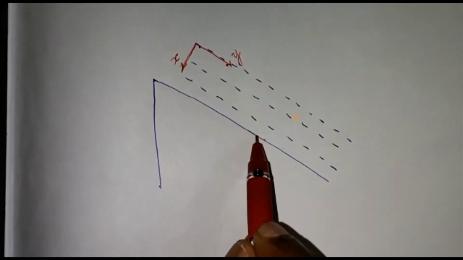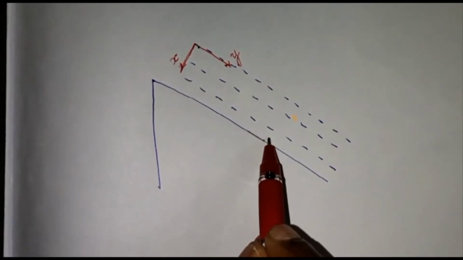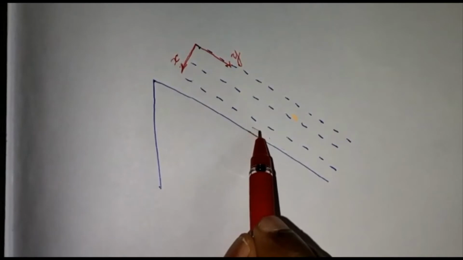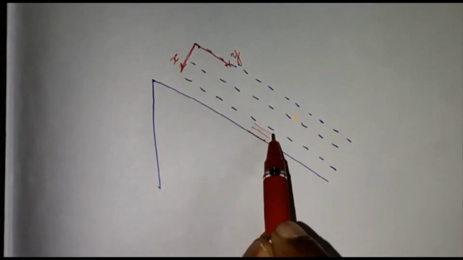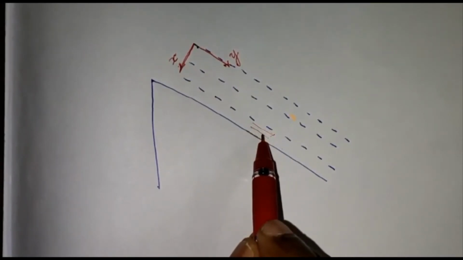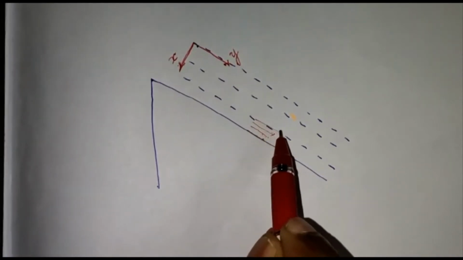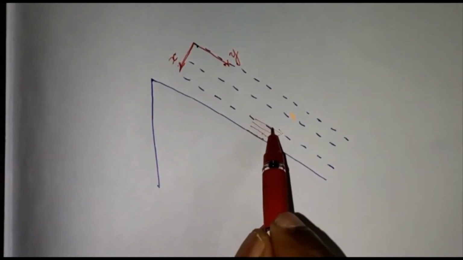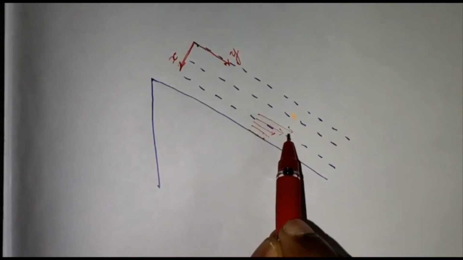But the liquid molecules just above the surface will move slowly, and the liquid molecules above that will move faster than the layer beneath. And the liquid molecules above this layer will move even faster.